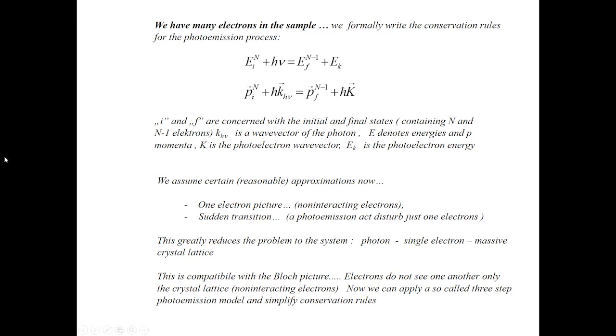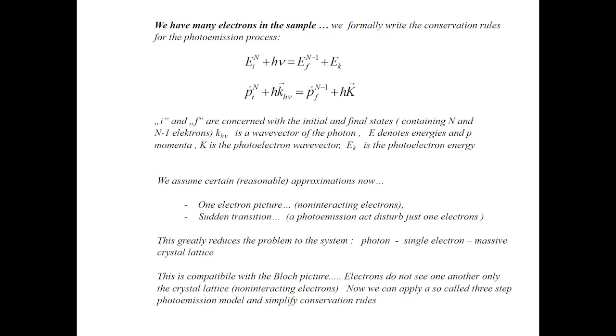And then the transition is sudden. So you remove one electron from the system with a photoemission act, and you disturb just one electron, and the states of the other electrons are left undisturbed. And this greatly reduces the problem to the system of photon, single electron, and massive crystal lattice. This non-interacting electron model is of course compatible with the Bloch picture.